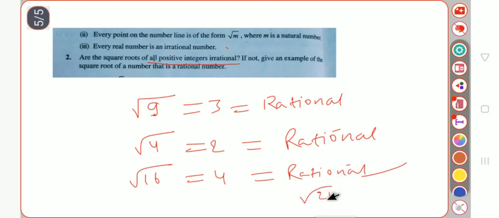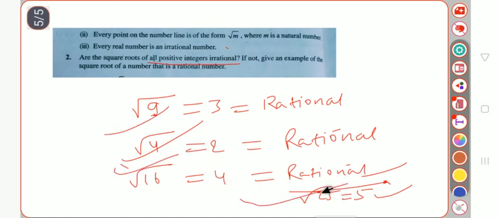There are many more examples. Give an example of the square root of a number that is a rational number. You can take any one. So this statement is incorrect. I have explained; you just have to give the example. Now this is completed.